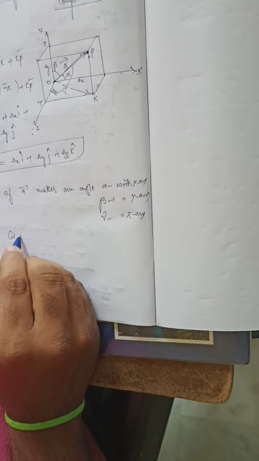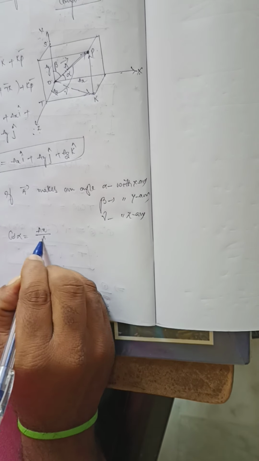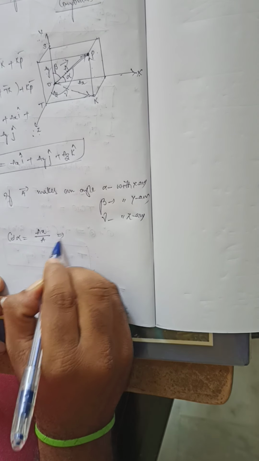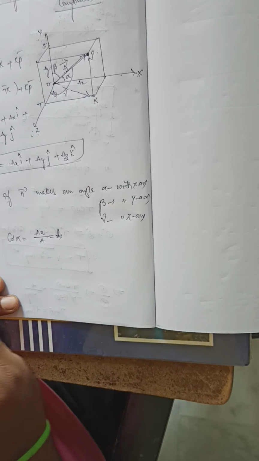Then cos alpha is equal to adjacent side by hypotenuse, that is AX by a, and this value will be equal to l.